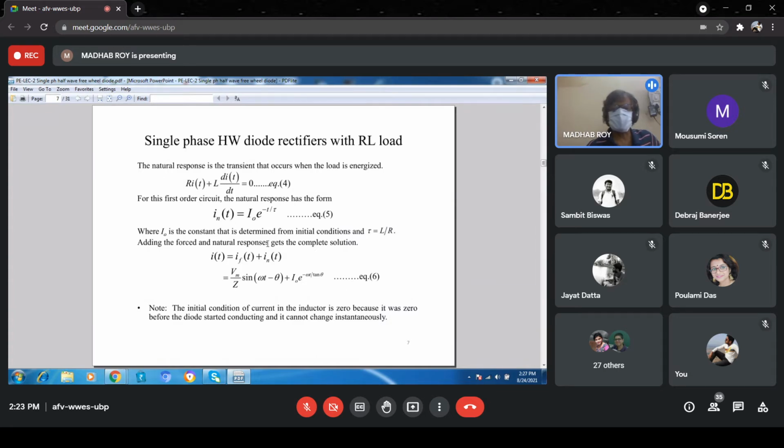This is the standard solution. So the total solution is like this, where tau is L by R, and tan theta can be written as omega L by R, with omega t as the variable.